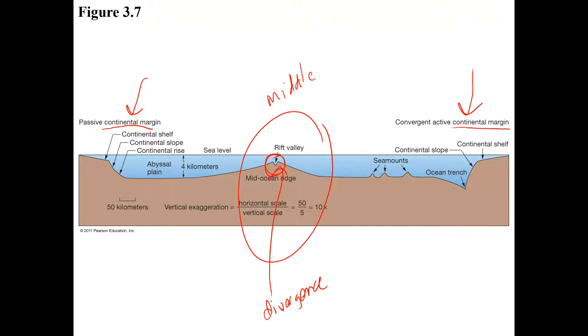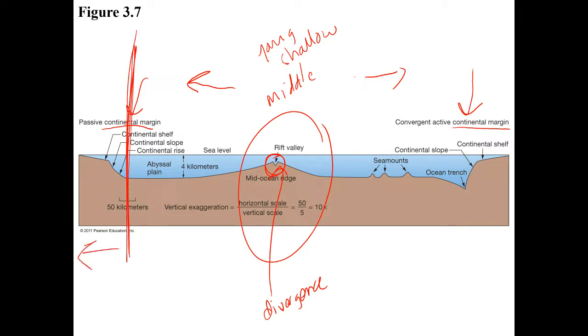And then we know that it's young and shallow, and it has to get deeper in the ocean basin as you go to the left and to the right. But it only gets deeper until you hit your margin. So there's the margin on the left, and there's my margin on the right.